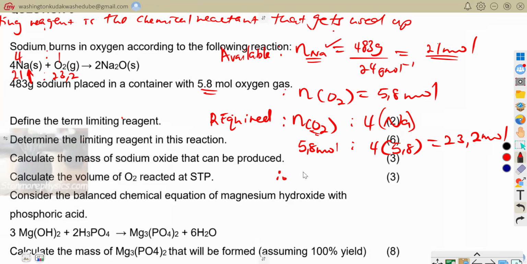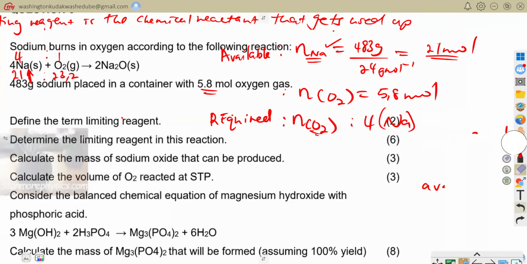So here you are going to say that therefore 23.2 moles of sodium is greater than 21 moles of sodium available. Let me just write it in a way that everything is correct there. This one, it requires 4 times 5.8 more of that sodium, so it will require 23.2 more.